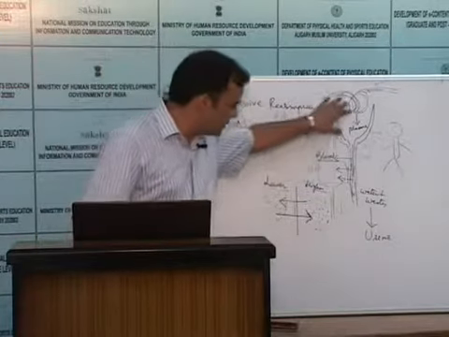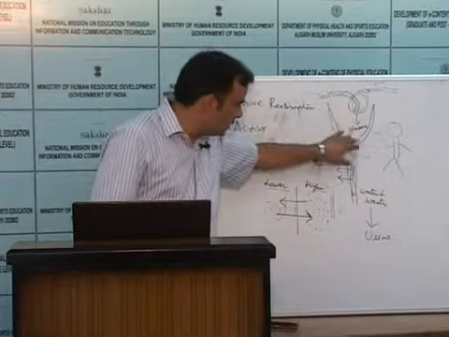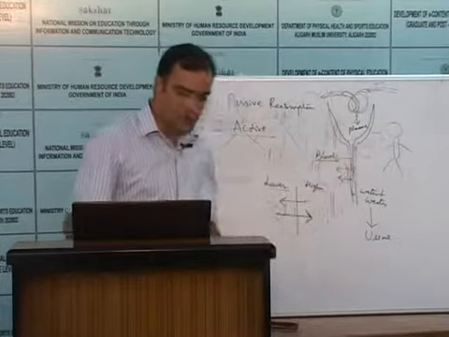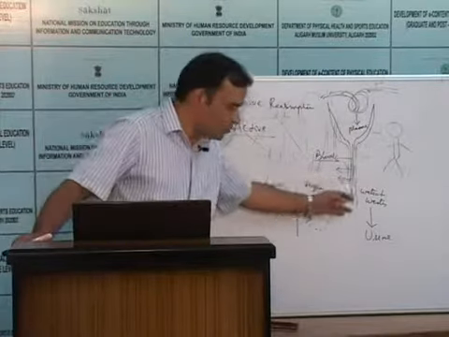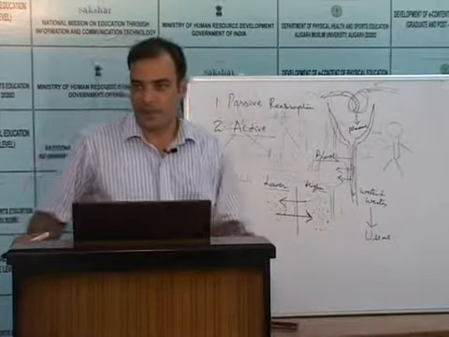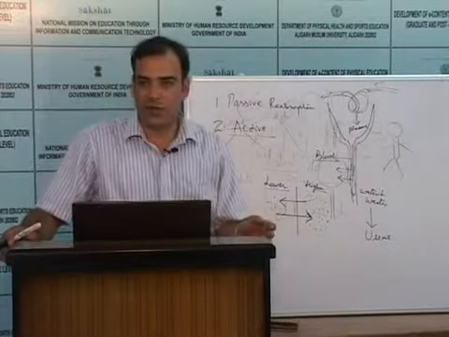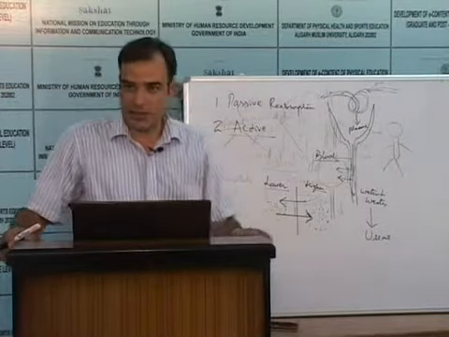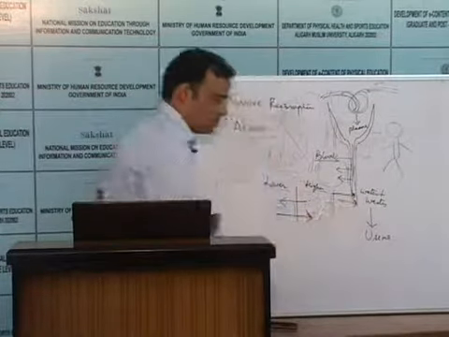Apart from the excretion of waste from the blood through this filtrate into the tubules, certain substances are directly secreted into this tubule by the kidneys. This is called tubular secretion, or sometimes it's also called tubular excretion, because here certain substances enter into this tubule.